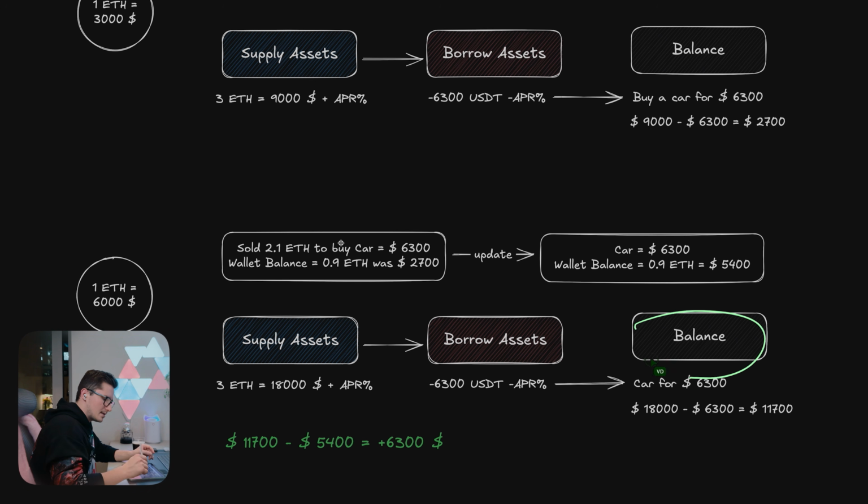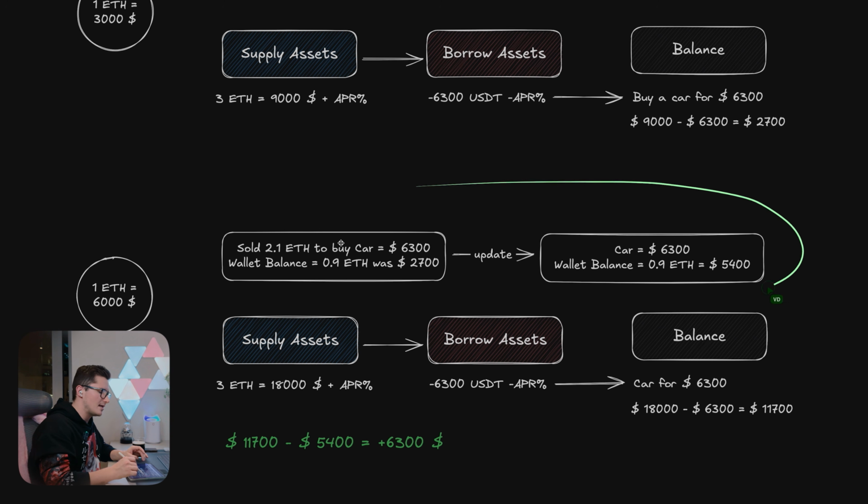So let's calculate the balance. The car is the same, but the balance in our position is going to be 18,000 minus 6,300. We will get 11,700.